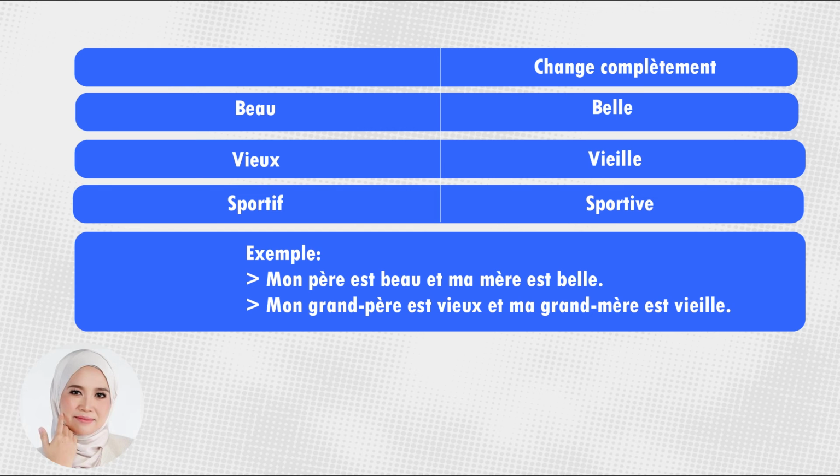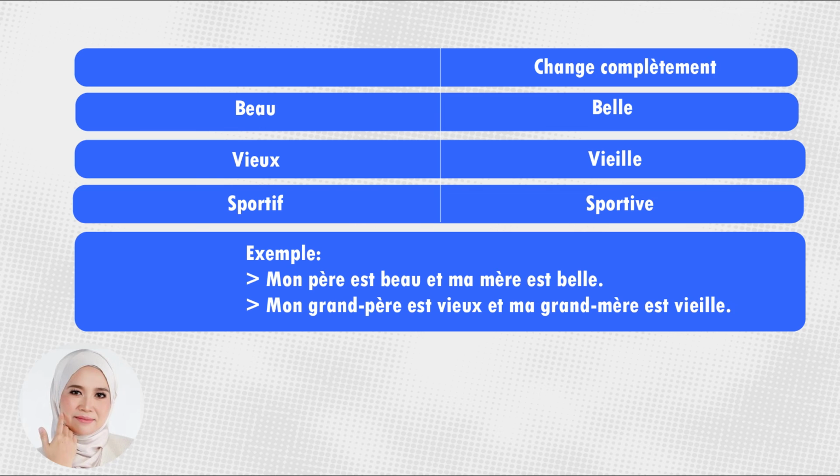Alright, now let's look at the examples given here. Okay, when the adjective in female form changes completely from the male form. Now you have here, mon père est beau et ma mère est belle. My father is handsome and my mother is beautiful.